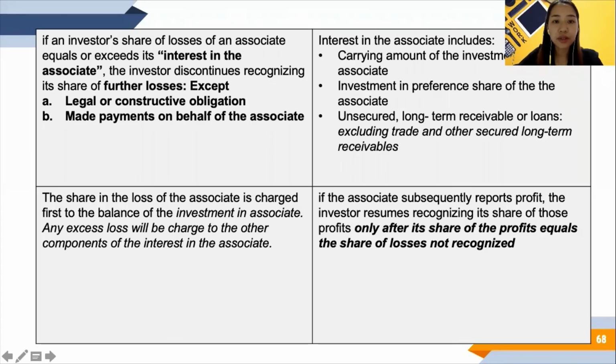If an investor's share of losses of an associate equals or exceeds its interest in the associate, the investor discontinues recognizing its share of further losses.